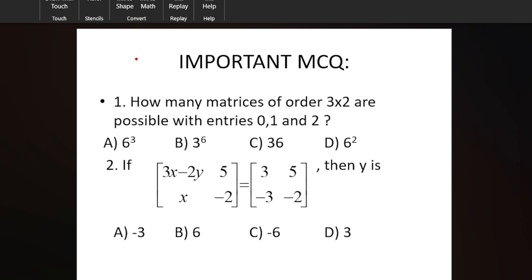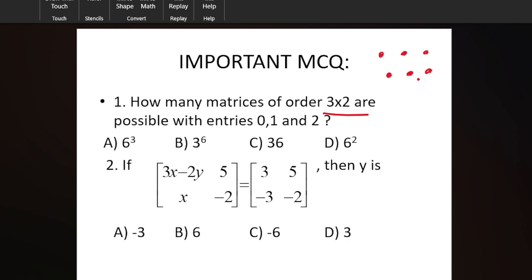Now here you see, how many matrices of order 3 by 2 can be formed with possible entries 0, 1, 2? So 3 by 2 means we are having 6 places.